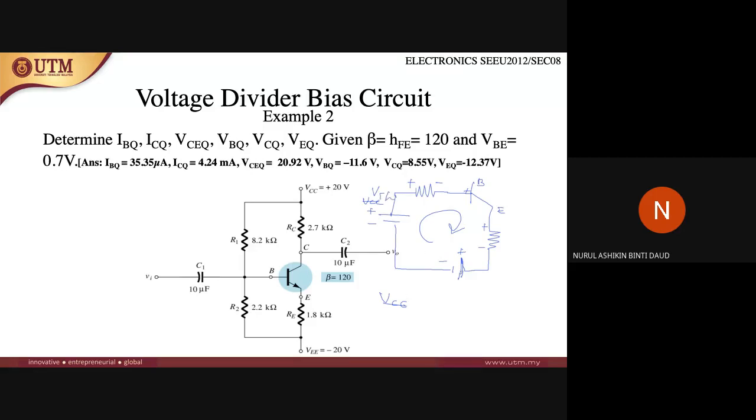So VTH, and this is VEE. This is RTH, this is VBE, and this is RE. So Kirchhoff's law becomes VTH minus IB RTH minus VBE minus IE RE minus VEE equals 0.